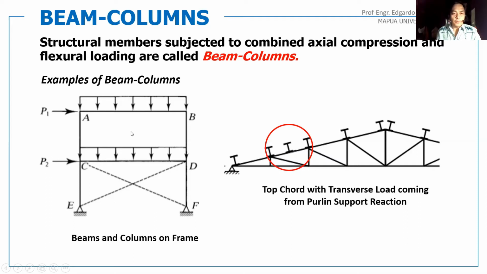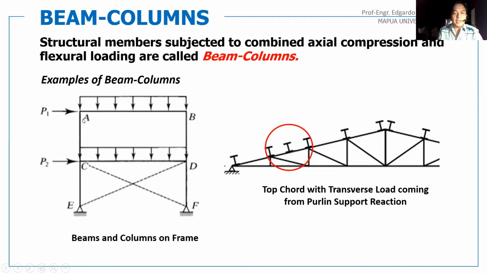When we analyze the columns here, the columns would be experiencing moments that make them act as a beam. At the same time, due to the gravity loads, the columns will experience axial compression. Thus, the columns on this particular frame are considered beam columns.